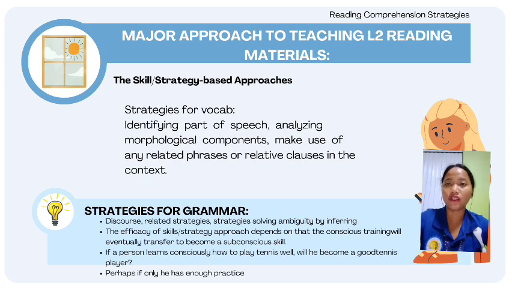When encountering unfamiliar words, learners can use various strategies, such as identifying parts of speech. Recognizing if a word is a noun, verb, adjective, etc. helps determine its function in the sentence. Second is analyzing morphological components.